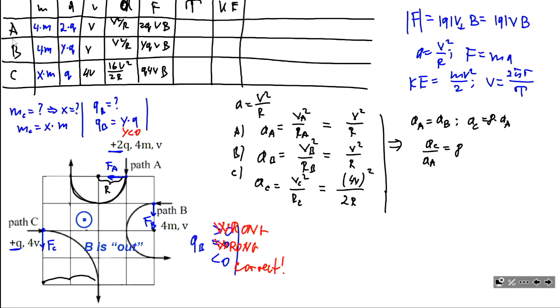So, well, I can see, for example, the force acting on a particle C will be B and B, V and V, Q and Q, 4 over 2, 2 times stronger than the force acting on particle A.